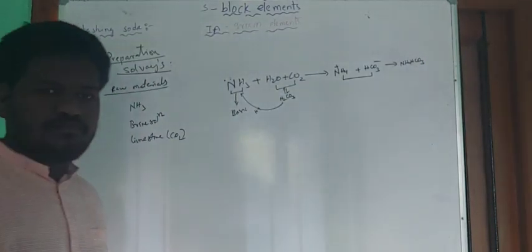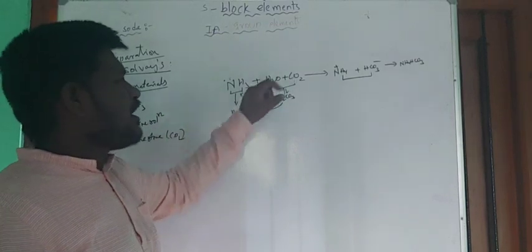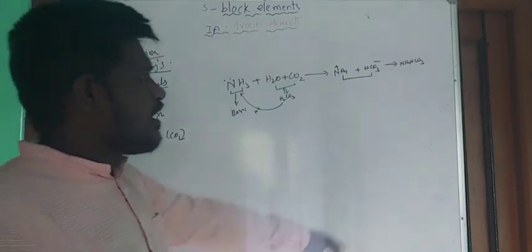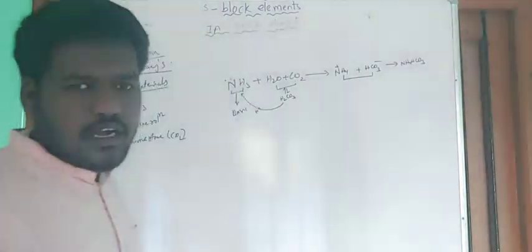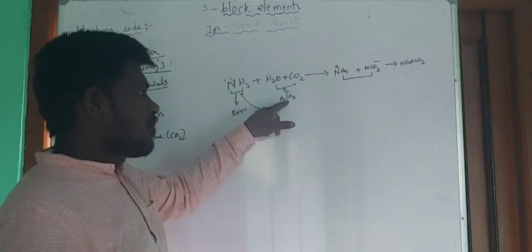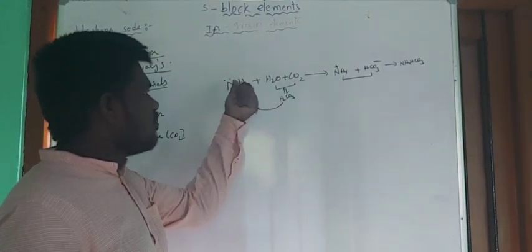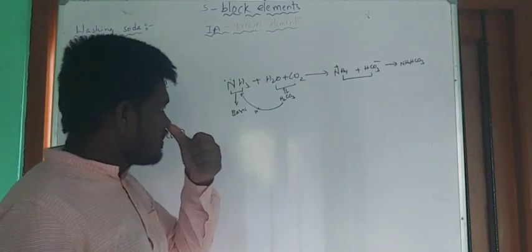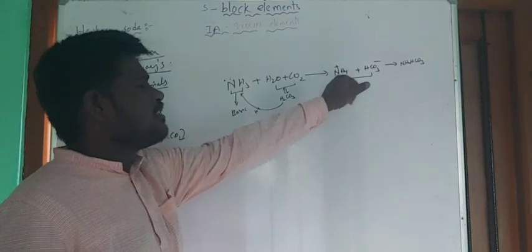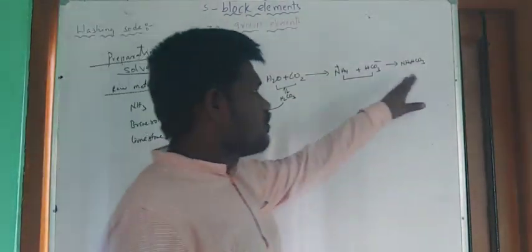So when ammonia is treated with carbonated water, we get ammonium bicarbonate, which is a salt. Ammonia is a base and this mixture is acidic due to the formation of H2CO3. So from acid to base H plus transfer takes place and you get ammonium and HCO3 minus ions. Both are attracted to each other and give ammonium bicarbonate, or ammonium hydrogen carbonate.